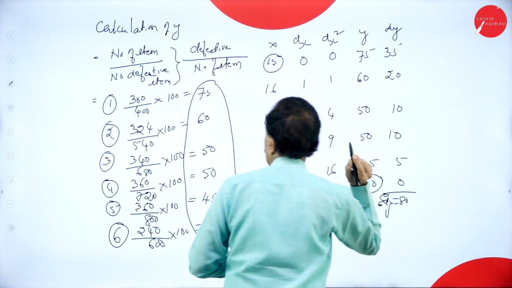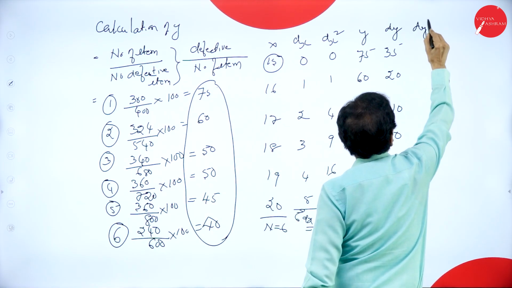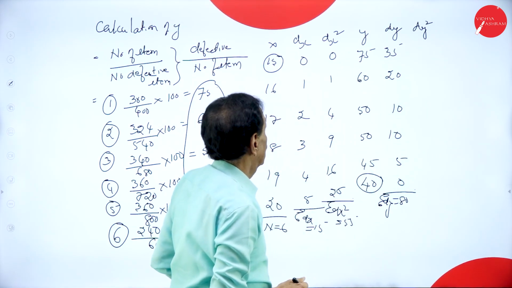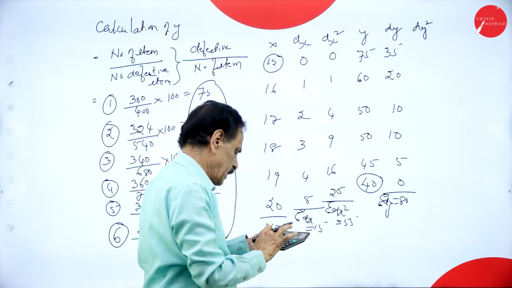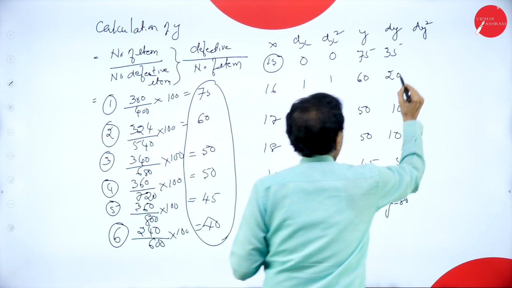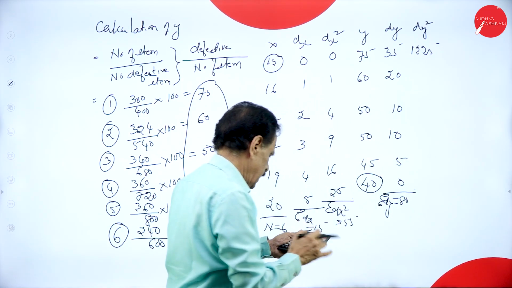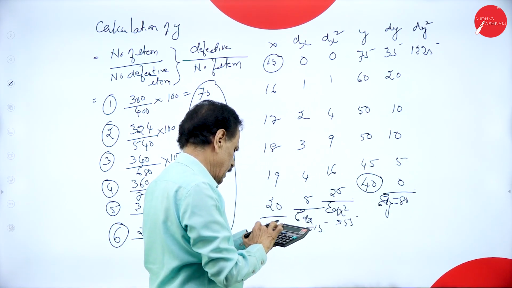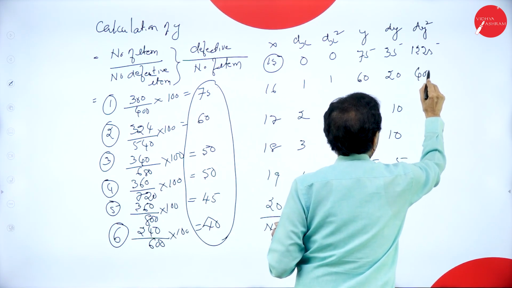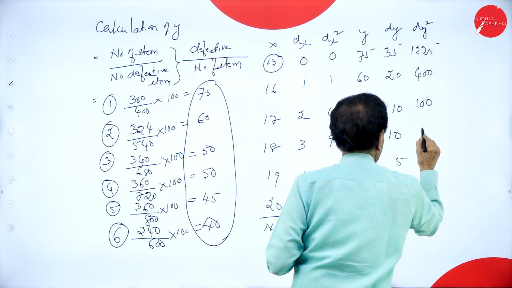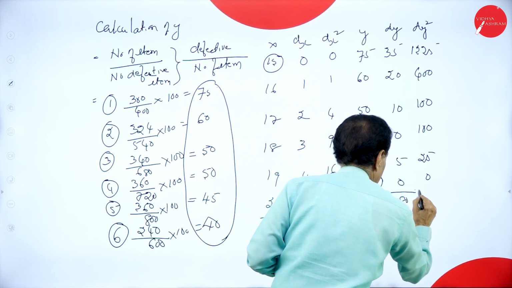Then dy square: 35 into 35 is 1225, 20 into 20 is 400, 10 into 10 is 100, 10 into 10 is 100, 5 into 5 is 25, and 0.